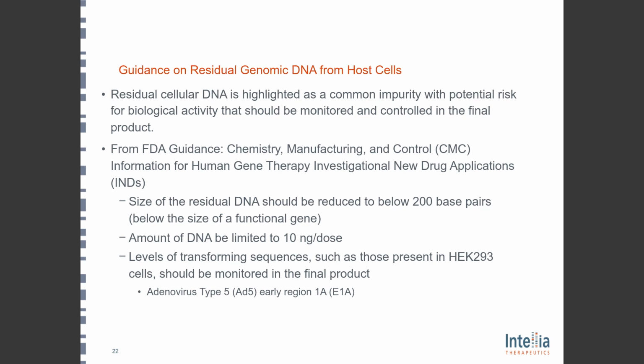So you're going to want to specifically test for this within both your vector and probably your drug product if possible. Luckily, this transforming sequence is not a human-derived sequence, so it's much easier to test for residual amounts of E1A in your drug product than it is for the rest of the host cell DNA.